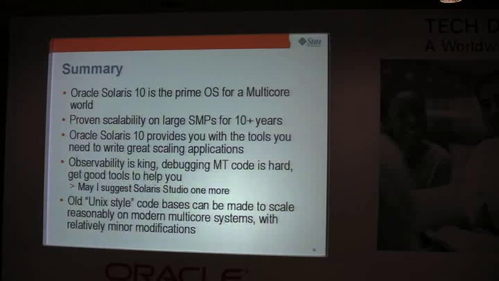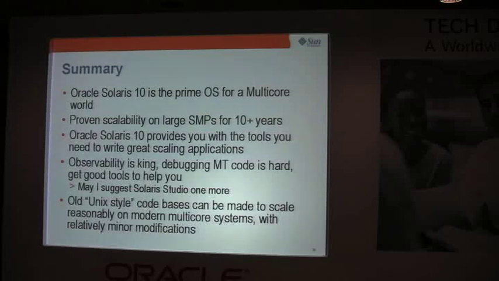We have done this for 10-plus years, with large systems in this range. Even though we're going bigger now than we've ever gone before. I don't think we ever had a production system with 512 CPUs before, which we're going to have later this year. But we've done 128; we've done those types of systems in our labs previously. So it gives you the tools you need to create great scaling applications.